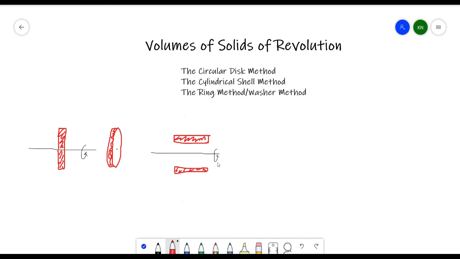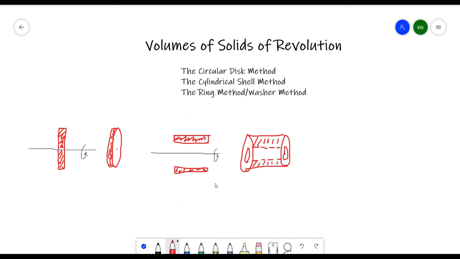In 3D it will form something like a cylinder, and pardon my drawing. These are the strips that we have, represented by this one and also here.